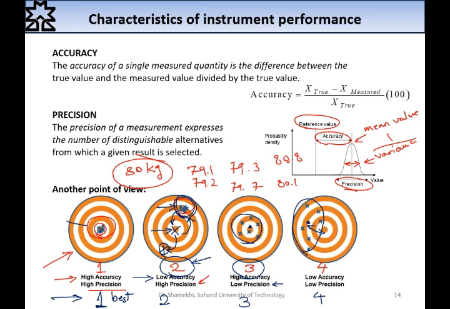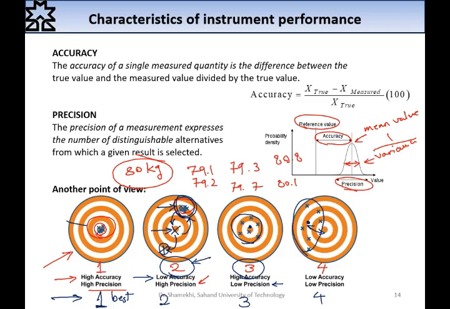Shooter number 3 has high accuracy because the mean value of these results is close to the center of the target. But the results are scattered from the center.